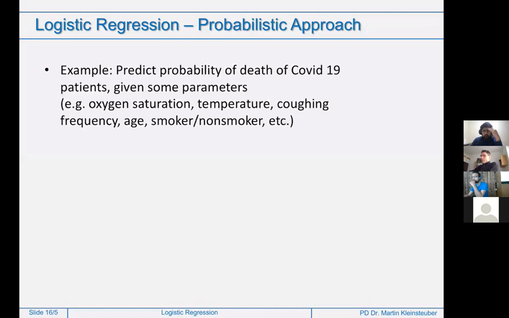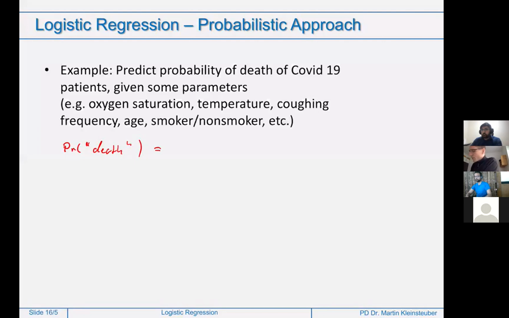The idea was that we want to predict a binary task where we have the probability, like here, probability of, let's say here, death, is given by a linear combination of the different input variables, right?